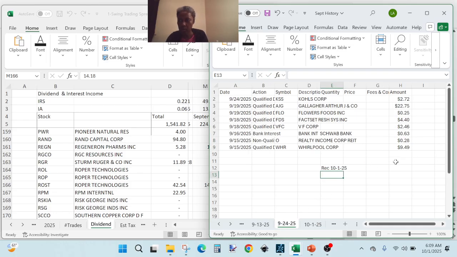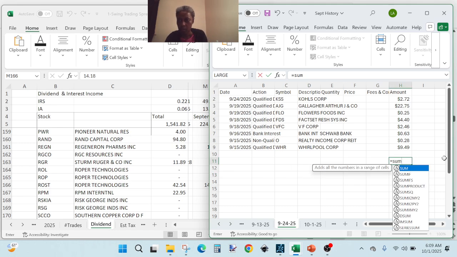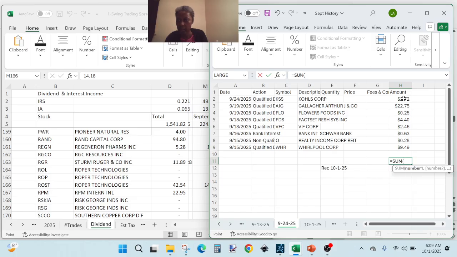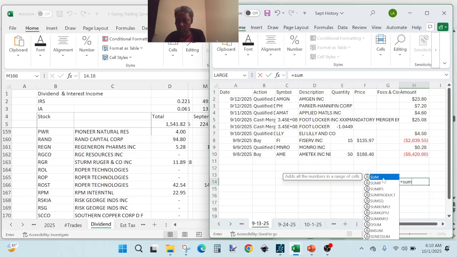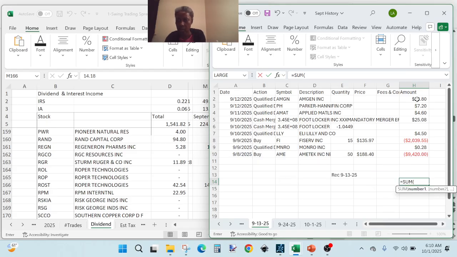Let's see here. It wouldn't work necessarily though, because I have some months that I traded stocks. Let's see what you can do here. I'm trying to see if I can double check those entries.